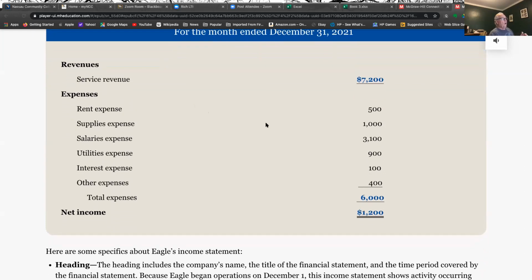Now, we had costs of doing business. We had costs that we had to incur to help us earn that $7,200 of revenue. Those costs are called expenses. So in this particular case, we had rent and supplies and salaries, etc. We had total expenses of $6,000.